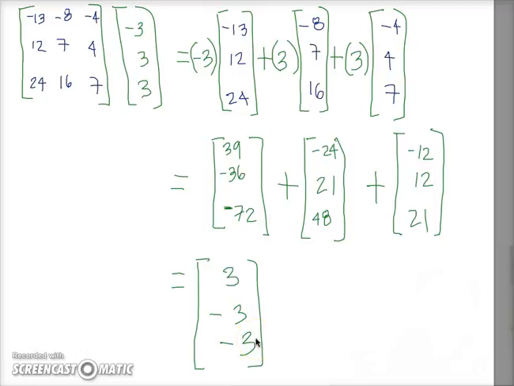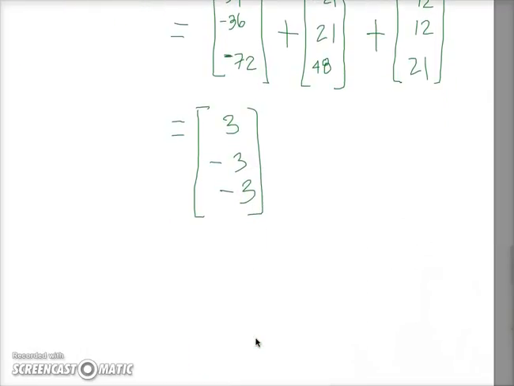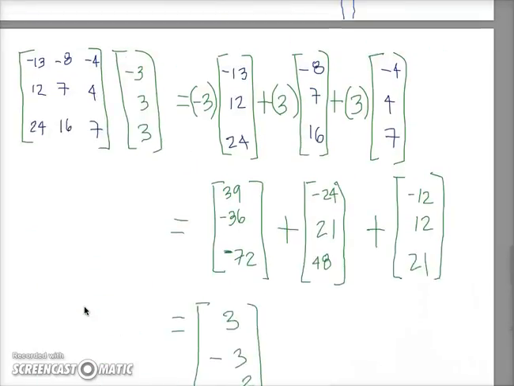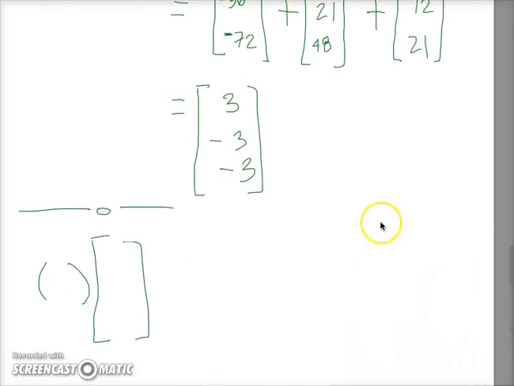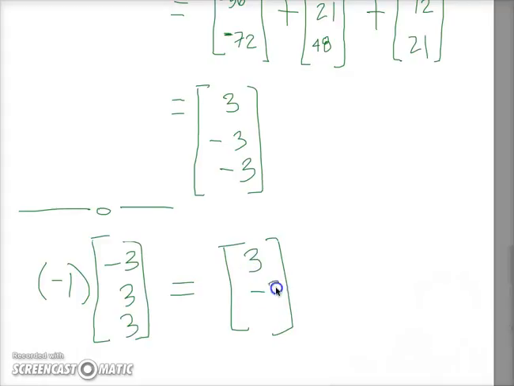On the other hand, we have to verify that if we take the vector minus 3, 3, 3 and multiply it by the scalar negative 1, then immediately we get 3, minus 3, minus 3, which is exactly what we had obtained from the matrix vector product. And so this leads to verification.